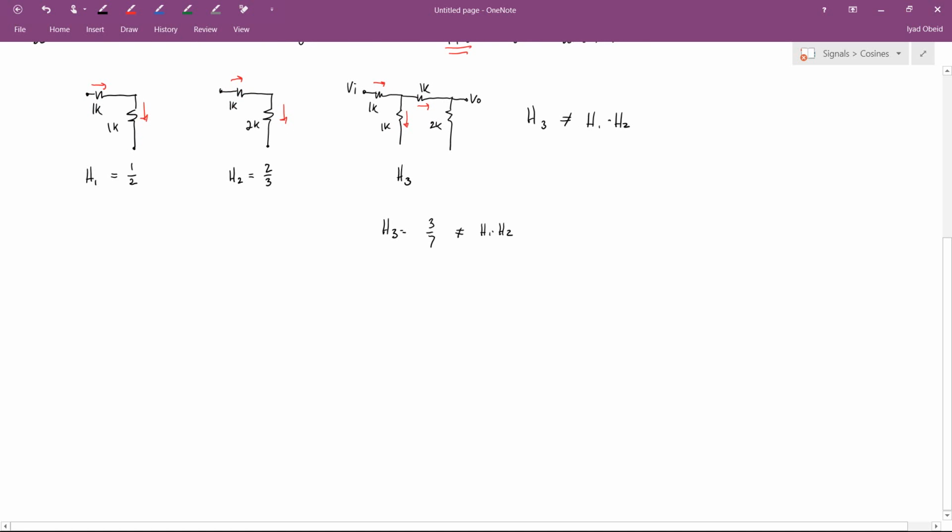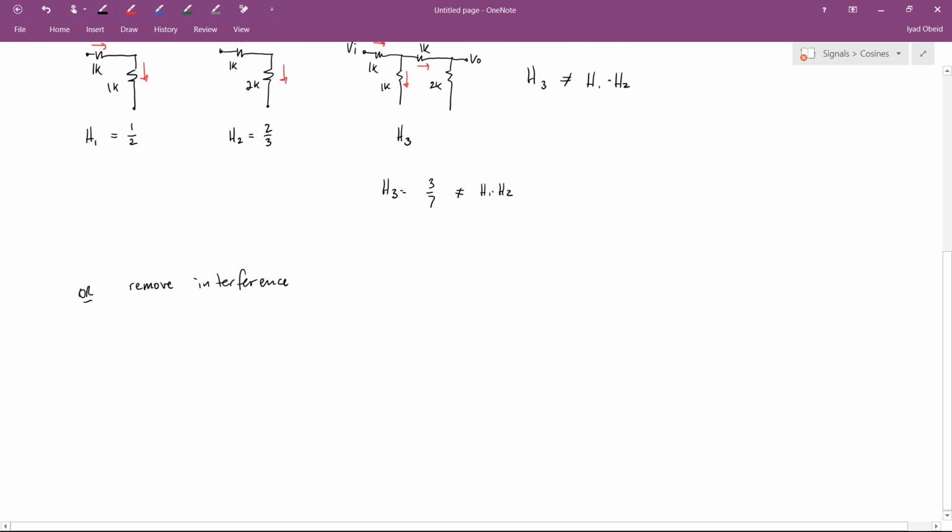The alternate strategy is to make them not interfere, to remove the interference. That's going to require a little bit of elegant circuit building. In the case of the example that we're talking about, one way to do it would be to separate the two circuits with a voltage buffer, which is an op-amp that's connected as such.